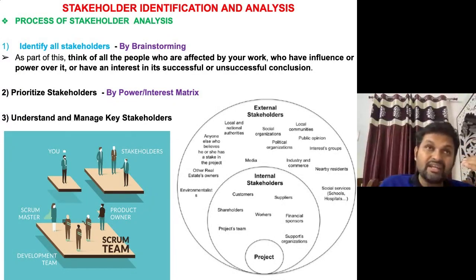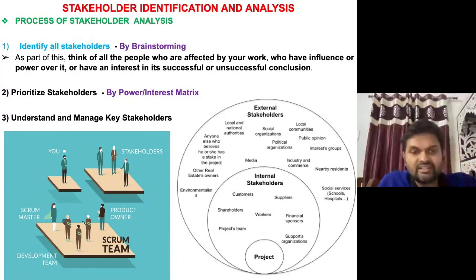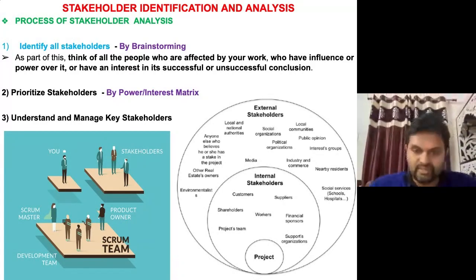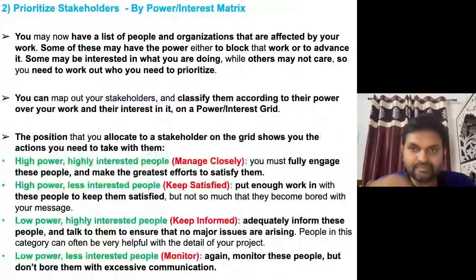It may be the local society, like media, local politicians. It may be some of the public bodies like municipal corporations, those who give me permission, environmentalists. They all become my external stakeholders. It may be some of the local people staying around the project. They all become my external stakeholders. So we can broadly classify them into internal and external stakeholders.